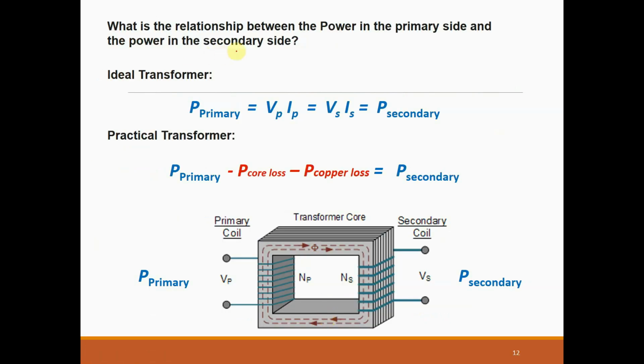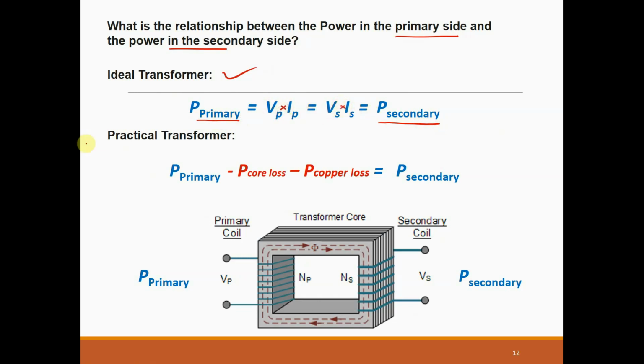Okay? What is the relationship of the power in the primary side and the secondary side? Now, let us first talk about the ideal transformer. In an ideal transformer, we are neglecting all the losses. It means that the power in the primary is equal to the power in the secondary. And the power, you know, is the multiplication of voltage times current, right?